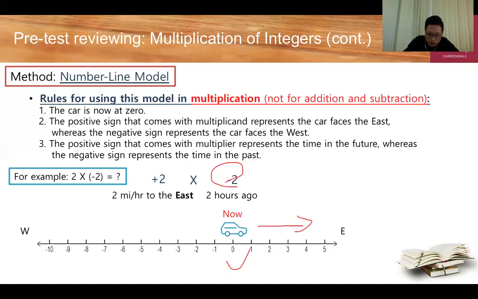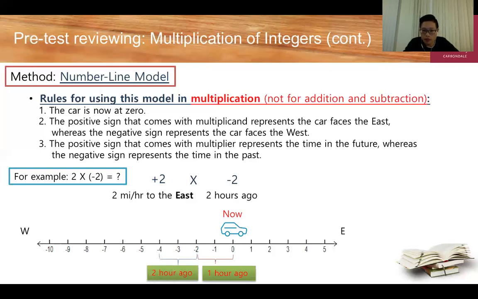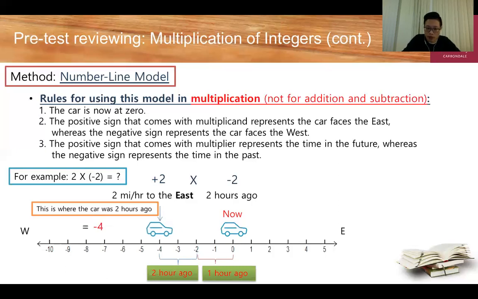And -2 means in the past, okay? So that -2 here will be 2 hours ago in the past, all right? So let's see, an hour ago, the car was at -2 position. And 2 hours ago, the car was at -4 position. So this is where the car was 2 hours ago, -4, okay?